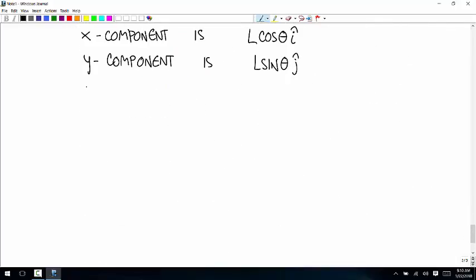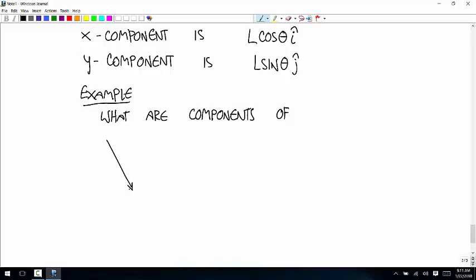Okay, so let's, for example, calculate the components of a vector with a magnitude of 10 that makes an angle of 20 degrees from the vertical.